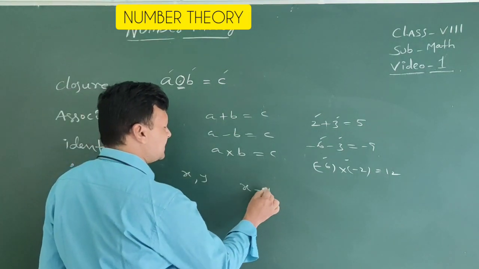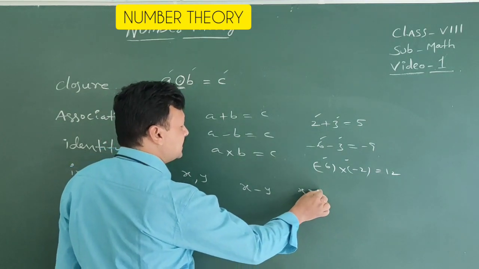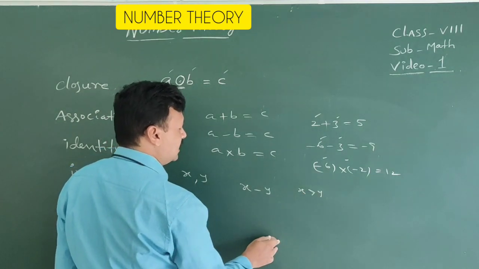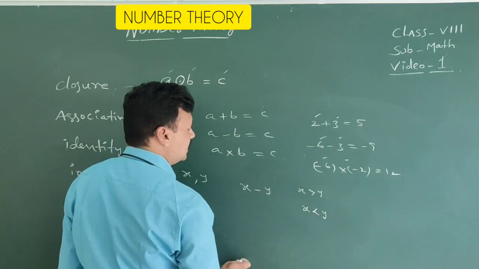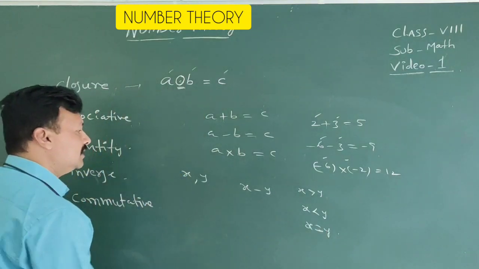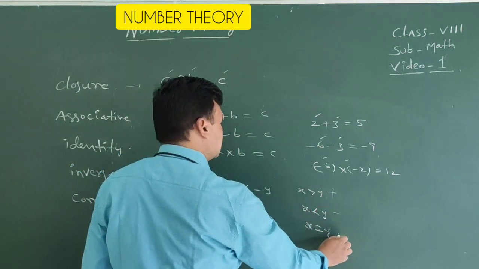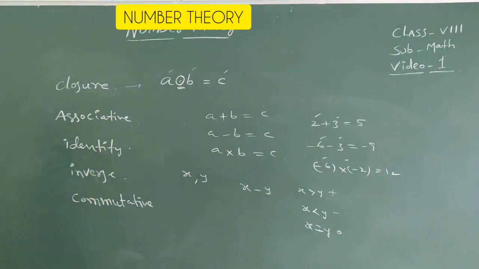If you subtract x minus y, if x is greater than y, you will get positive. If x is less than y, you will get negative. If x equal to y, you will get 0. Meaning here positive, here negative, here 0. If you subtract any two numbers, you will get these three situations, either positive or negative or 0.